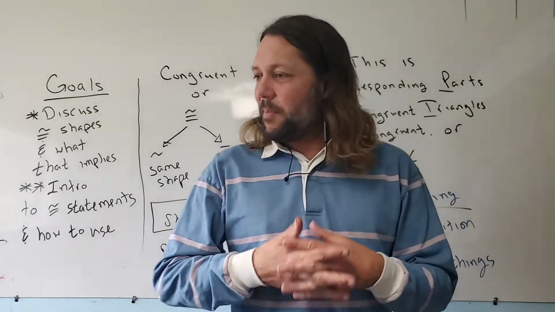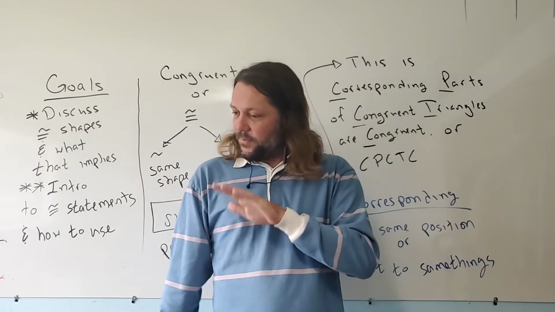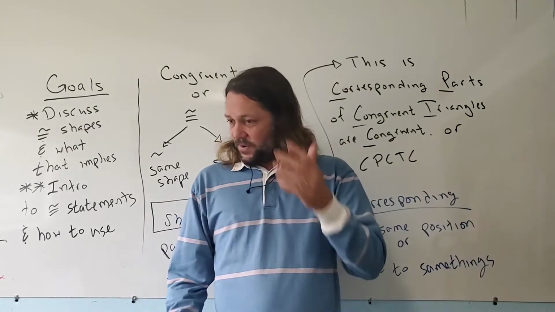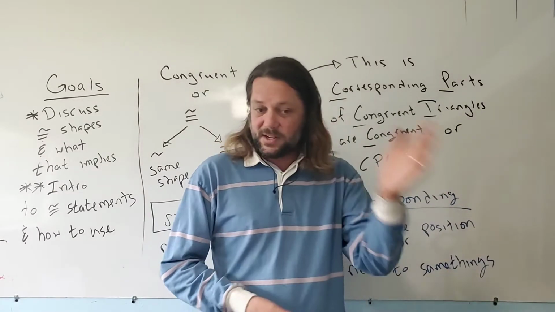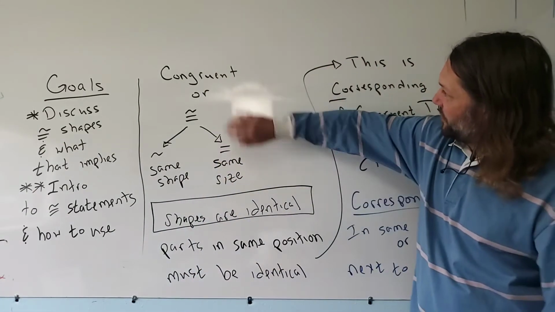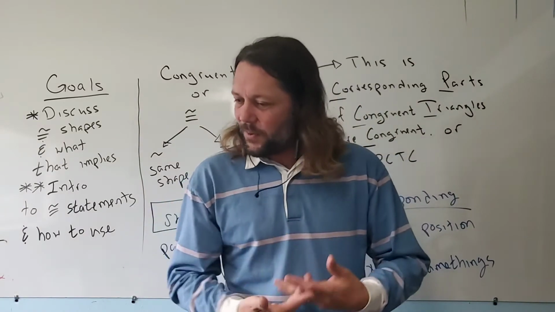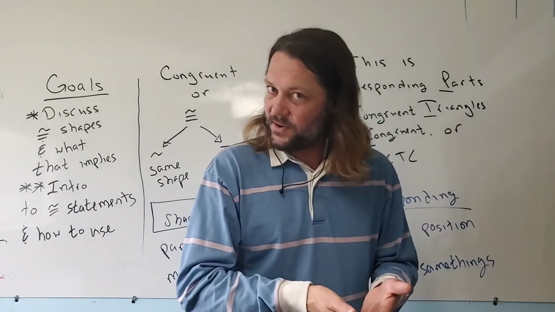And right now we have a pathway to argue that they're identical, meaning that, if we can do a sequence of rigid transformations where one triangle lands perfectly on top of the other triangle, we can say that those triangles themselves must be congruent. So we have a way to determine if triangles are congruent.